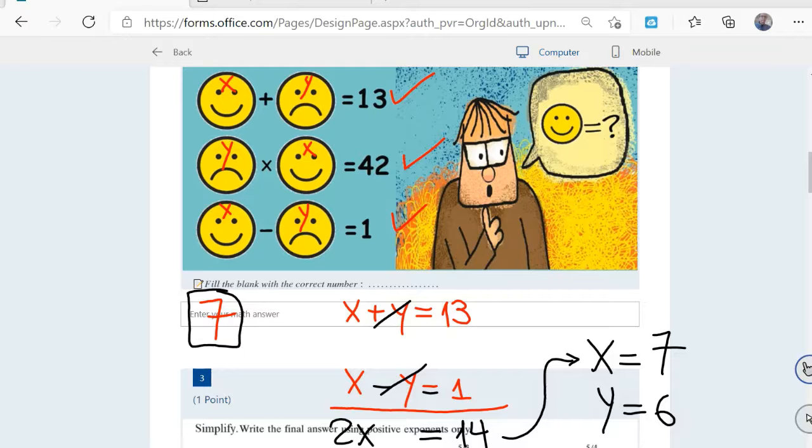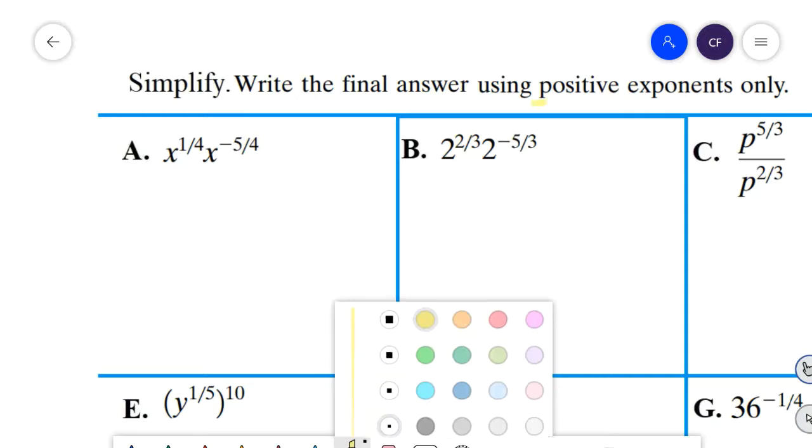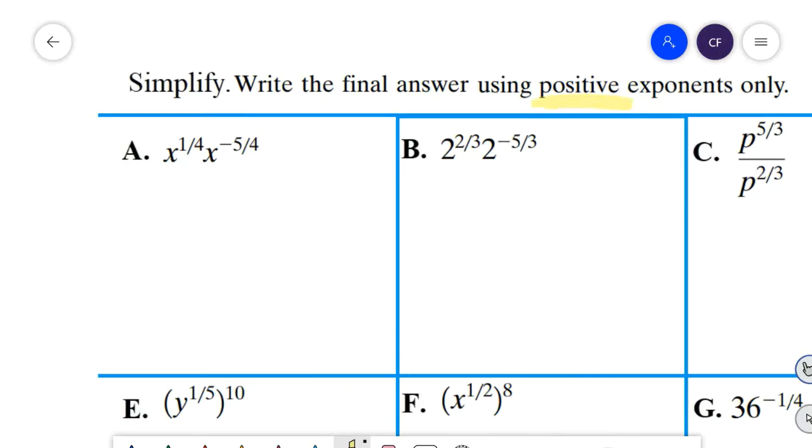That's right. 7 is the right answer. You all got it right. The quiz is about simplifying expressions using the properties of exponents. Write the final answer using only positive exponents. No negative exponents allowed.